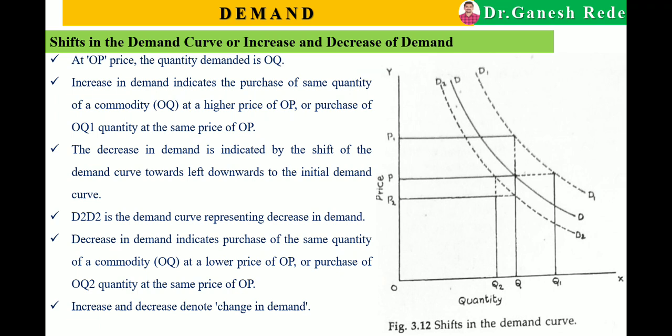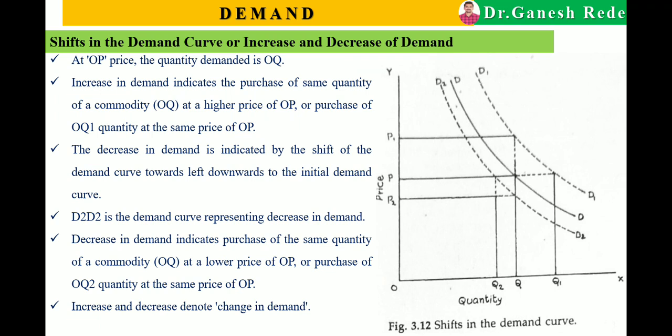That means the demand curve shifts to the right side. The decrease in demand is indicated by the shift of the demand curve to the left, downwards from the original demand curve. So D2 indicates the decrease in demand, and D1 indicates the increase in demand.